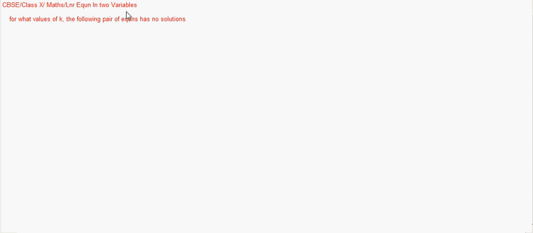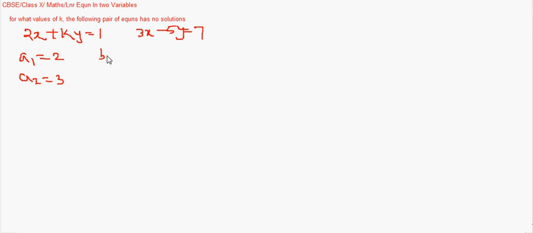Let me again write down the equations: 2x plus ky equals 1 and 3x minus 5y equals 7. In this case a1 is 2, a2 is 3, b1 is k, and b2 is minus 5, c1 is 1, c2 is 7.